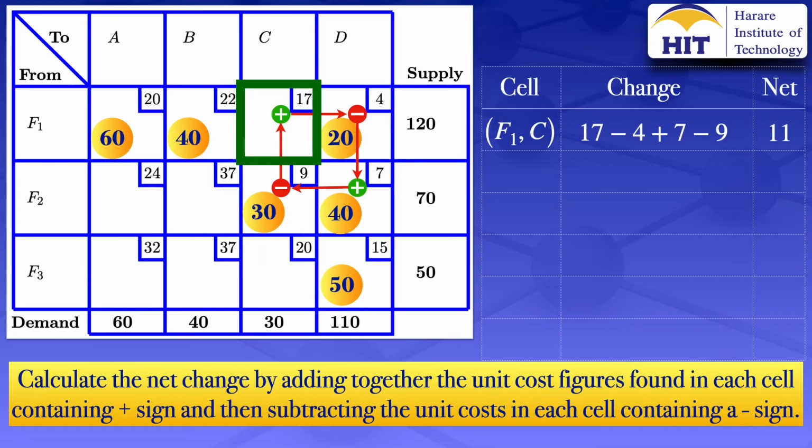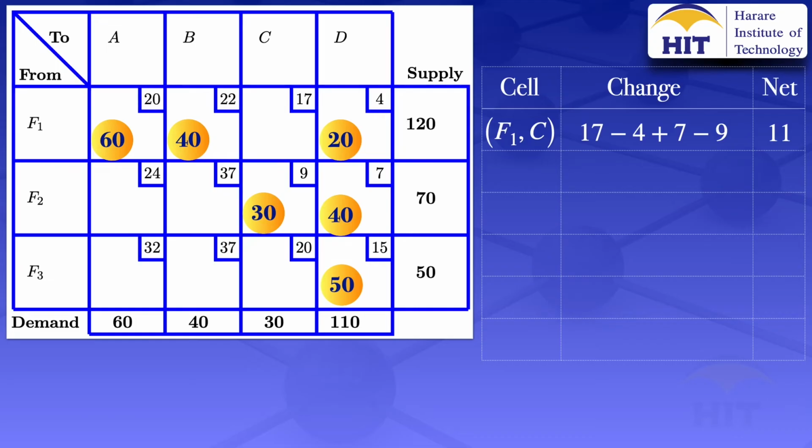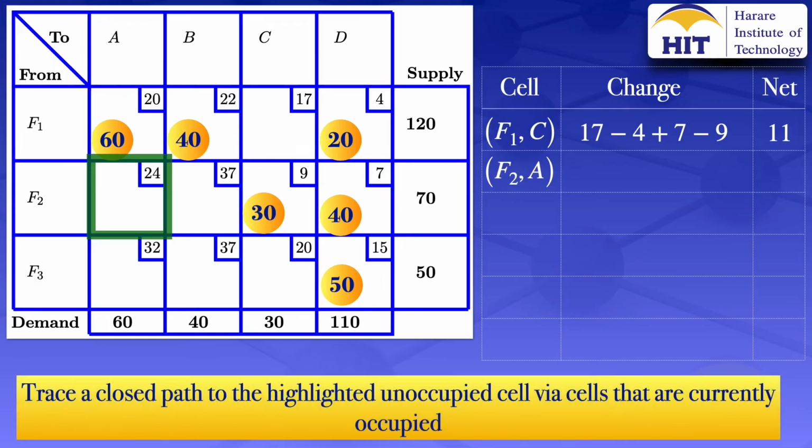We move on to the next unoccupied cell, which is cell F2A. For this cell F2A, we trace a closed path via cells that are currently occupied. Starting at this cell, I'll add here, then go on to an occupied cell and subtract, move to another occupied cell, then we add, move to another occupied cell, we subtract, and then back to the unoccupied cell.